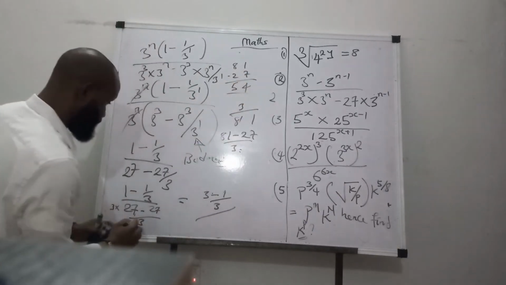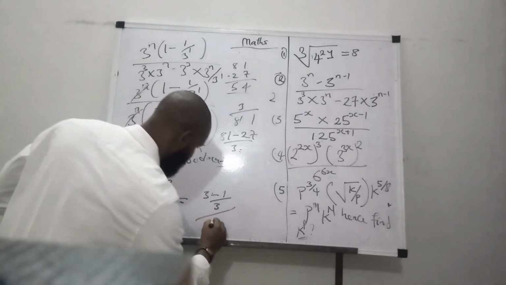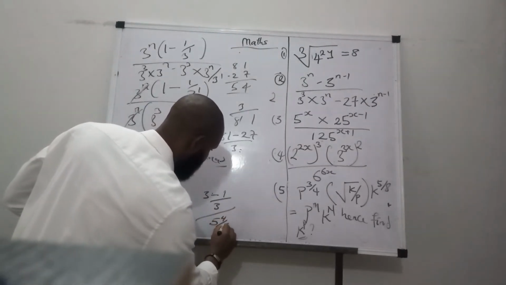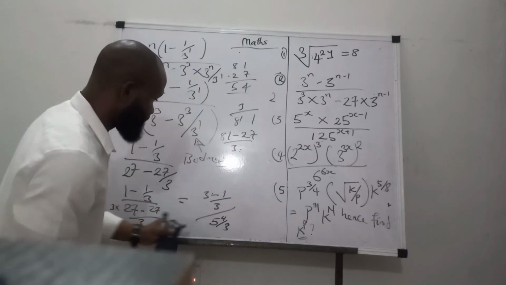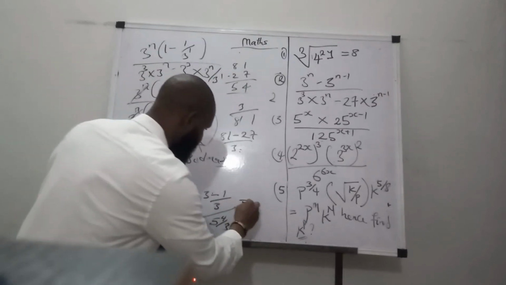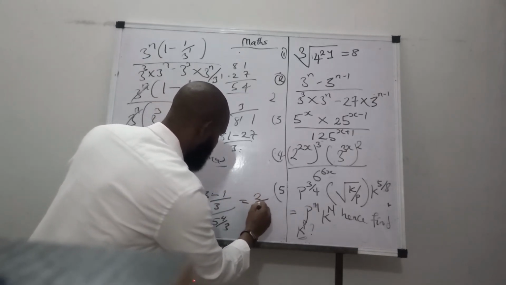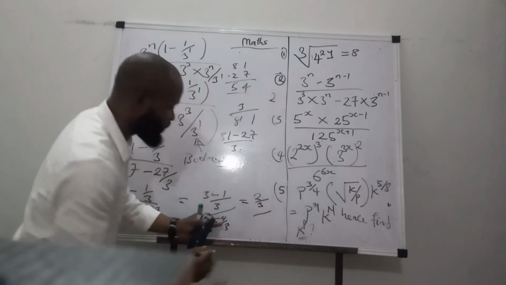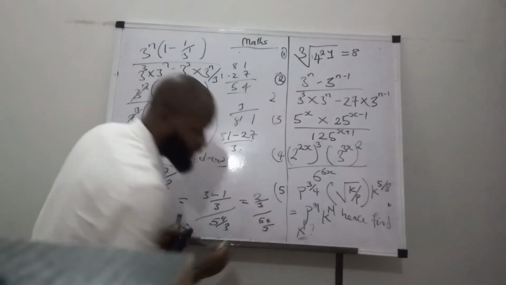Yes, we have 54 divided by 3. Am I correct? Yes, 54 divided by 3, correct? Yes. So remember we have now that this will give us 2 over 3 divided by 54 all over 3, correct? Yes.